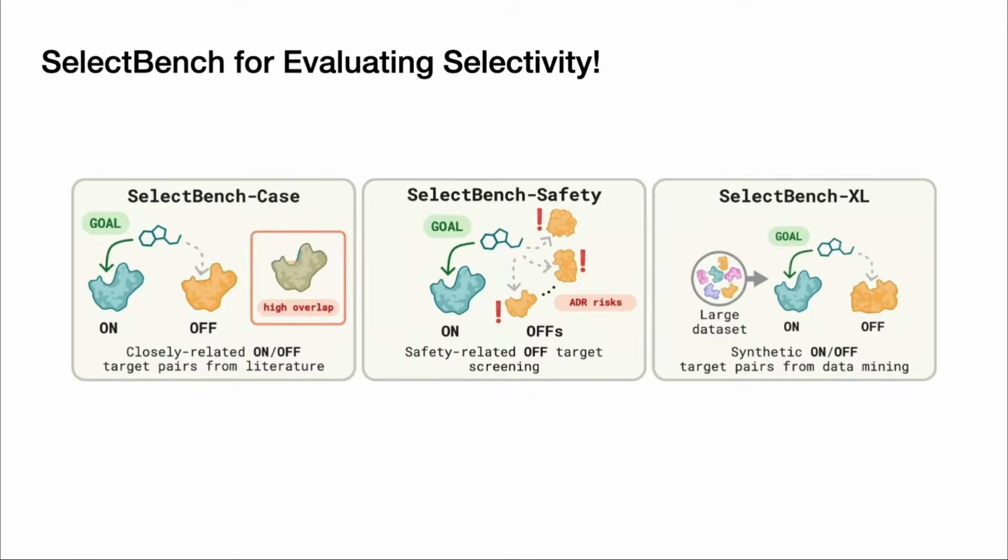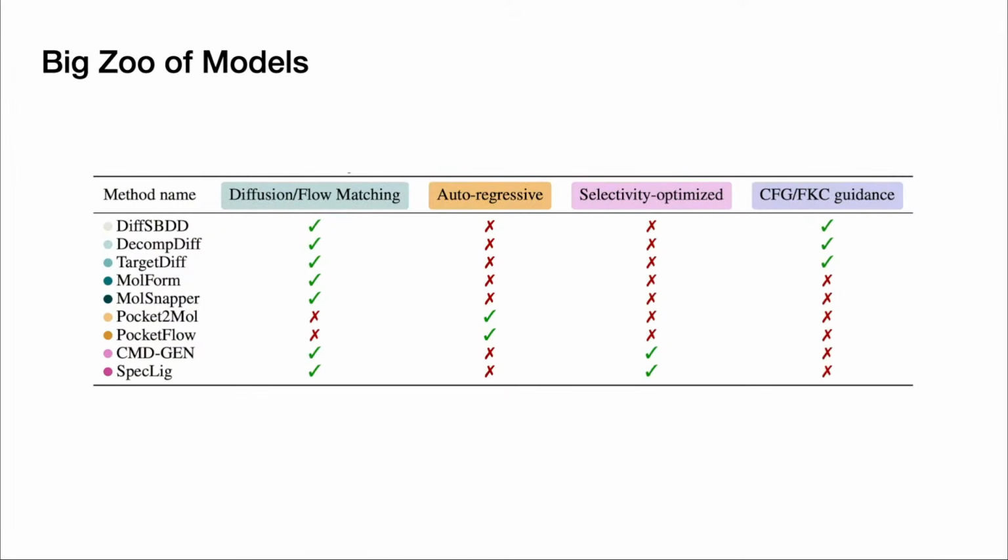We have a list of known off targets: don't bind to these. So it's good to test on this. And then the third is where we took a large dataset, and we try to come up with different examples from there, like binding to on targets and off targets.